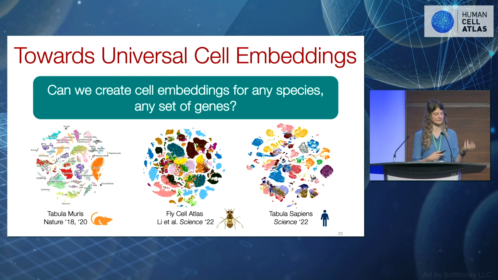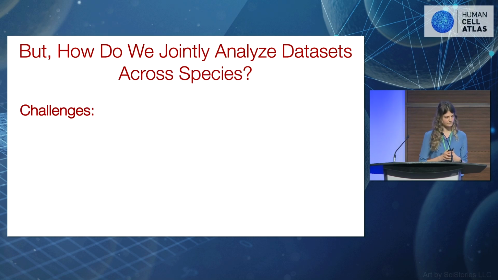For example, there was the Tabula Muris data set, then Fly Cell Atlas, Tabula Sapiens, Lemur Cell Atlas. But the question is how can we analyze these data sets jointly, and can we learn an embedding space in which cell types that are conserved across species would be embedded close together, while cell types that are specific for a particular species would form a separate cluster.